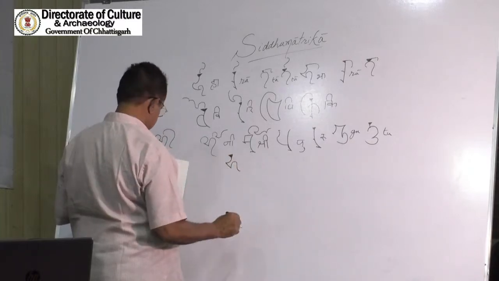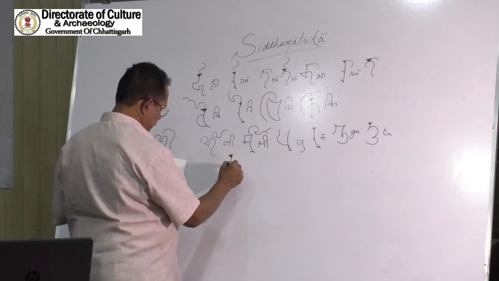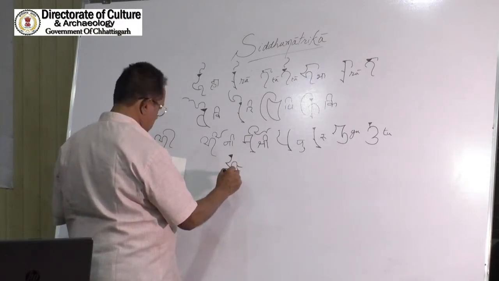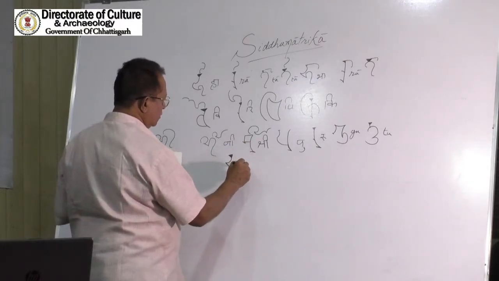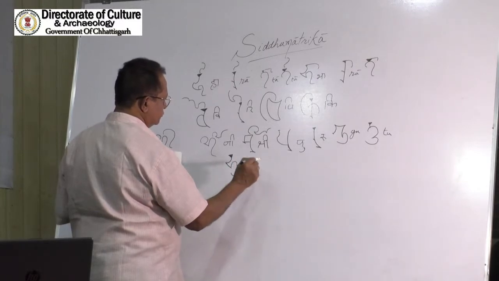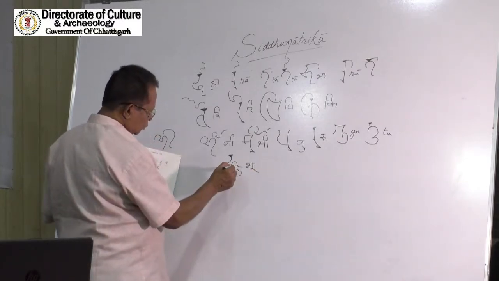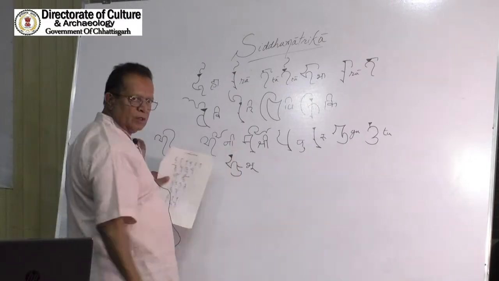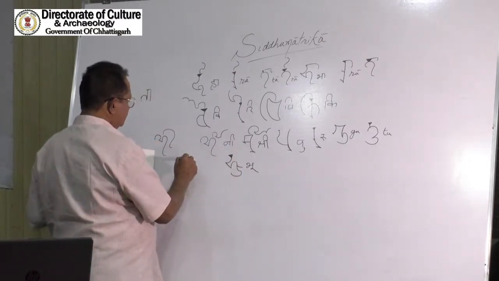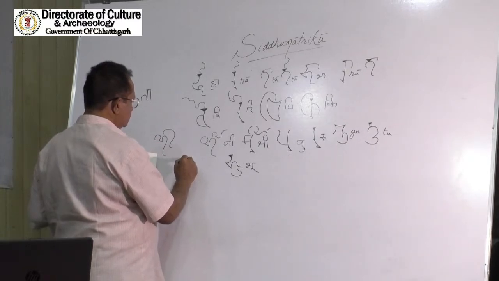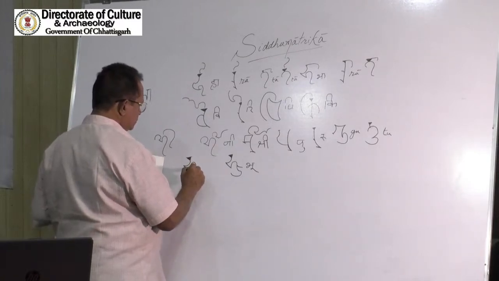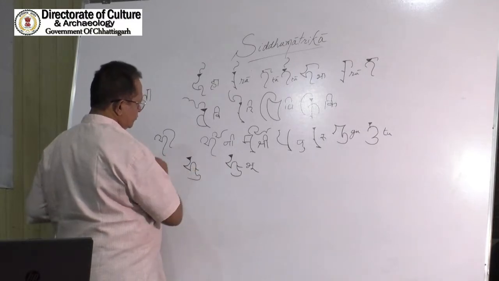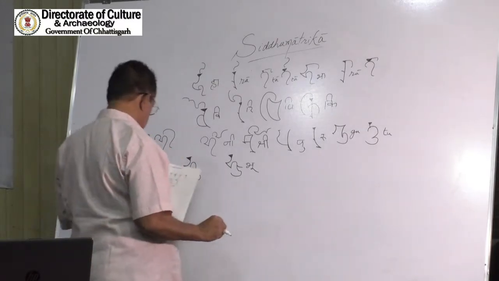So this is bha. When you attach a stroke here, it becomes bhu. One more stroke when you give like this, it is bhu dirgha, bhumi. One stroke here, another stroke down below, bha. Like this, like this. Bhu, Bhushura.